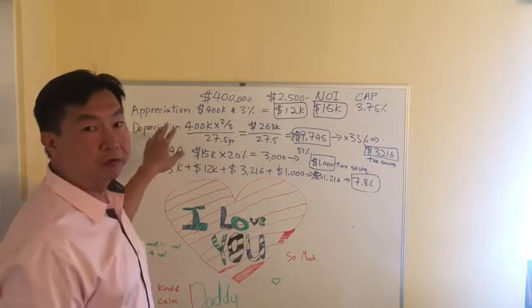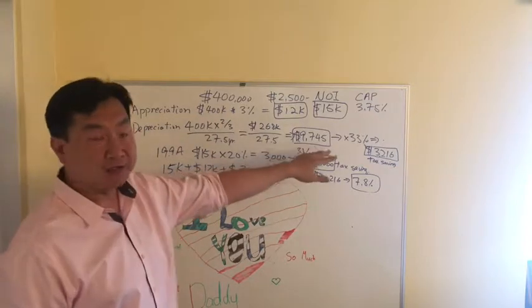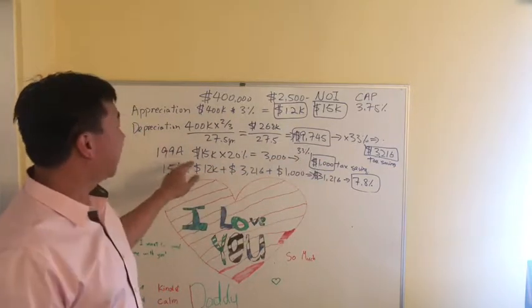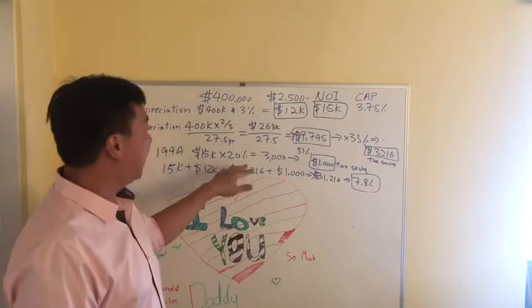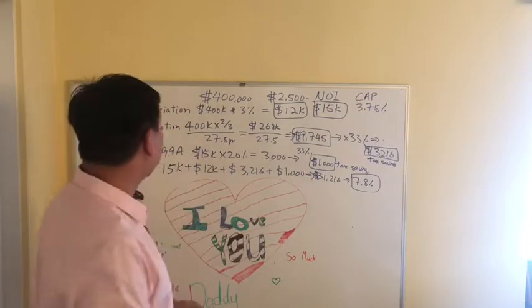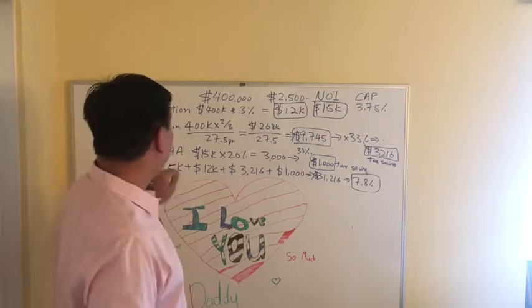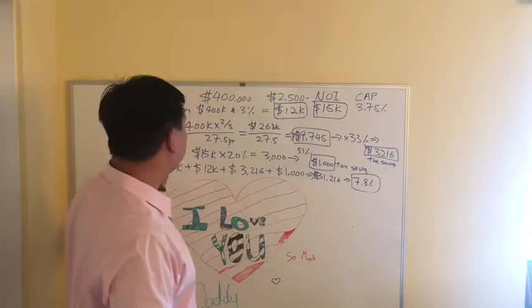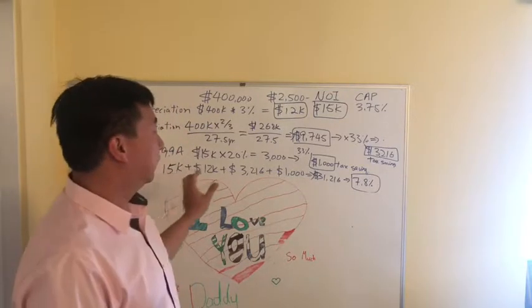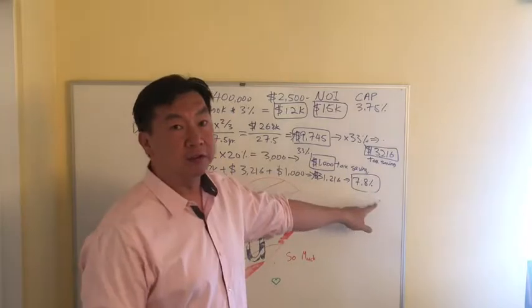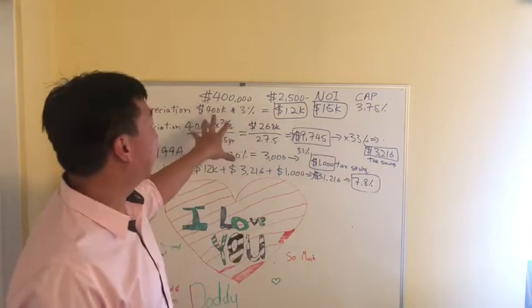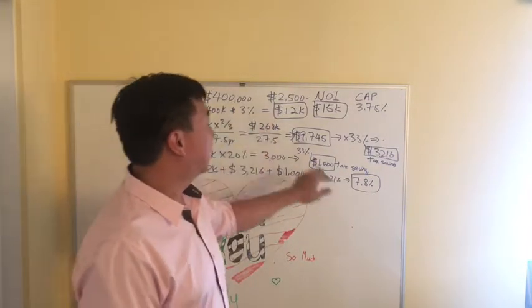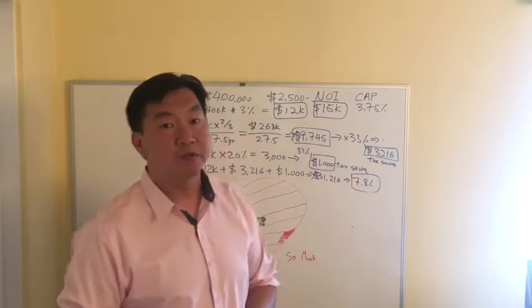We went over depreciation and how it affects your tax rate, the 199A, the new tax law, which we mentioned last episode. And we talked about the return on investment. If you buy this property with cash, your return on investment is about 7.8%.